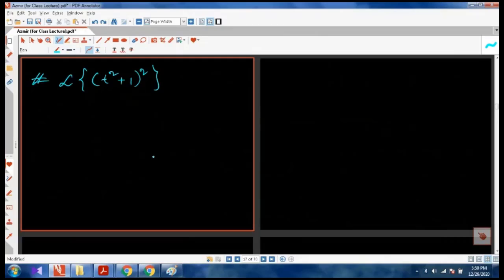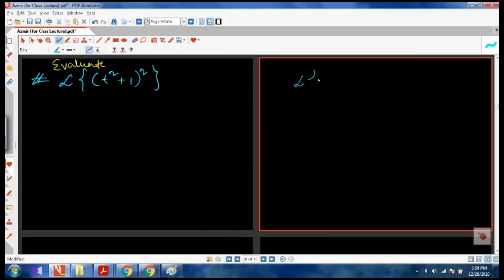Okay, first of all, try to understand the question pattern. If I ask you, evaluate the following, same thing, suppose we have the Laplace transformation of t squared plus 1 whole squared.